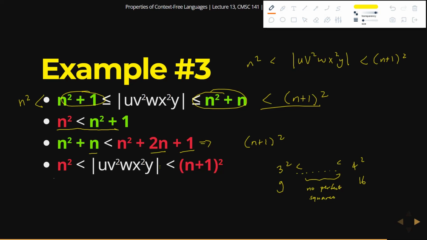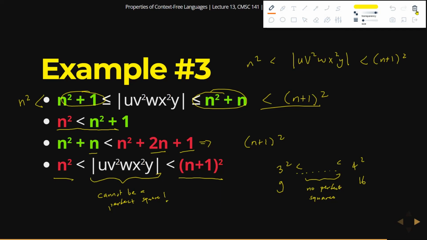So for the same reason, if you have n squared here and (n plus 1) quantity squared here, then everything in between cannot be a perfect square. Okay?